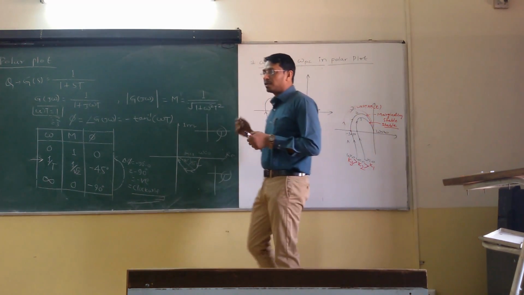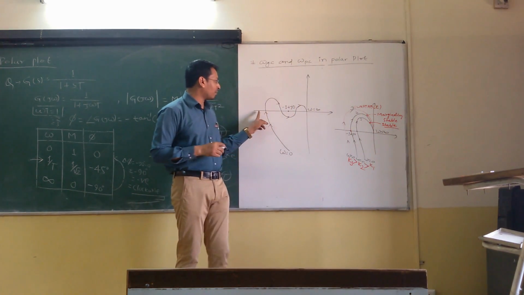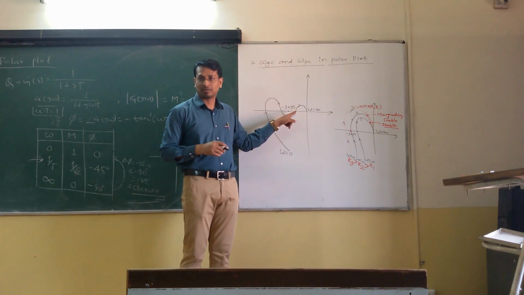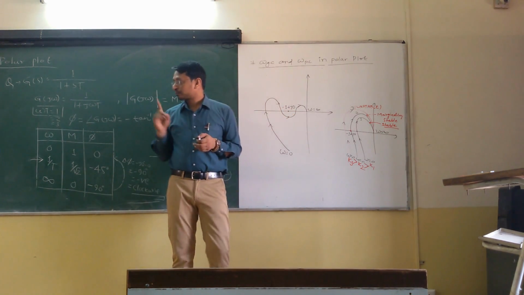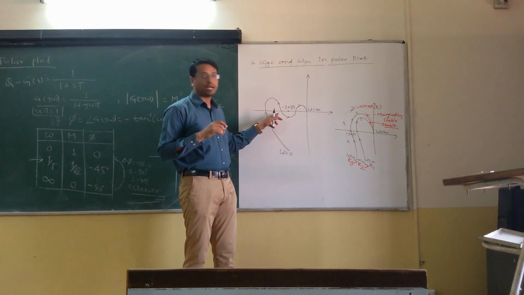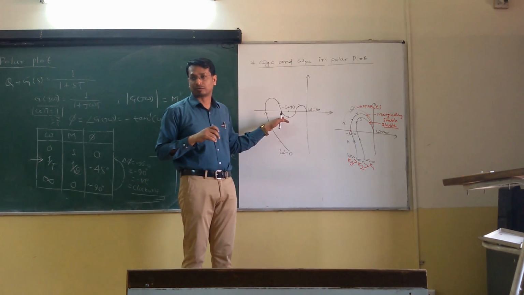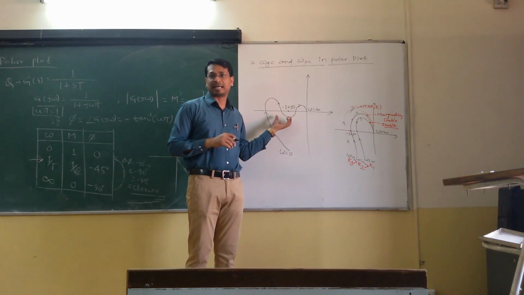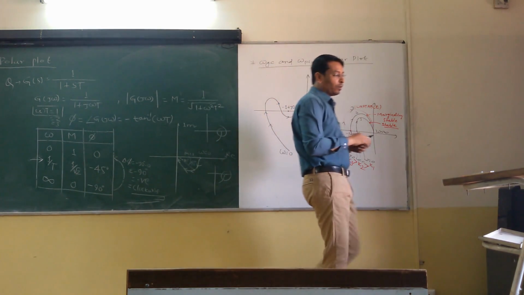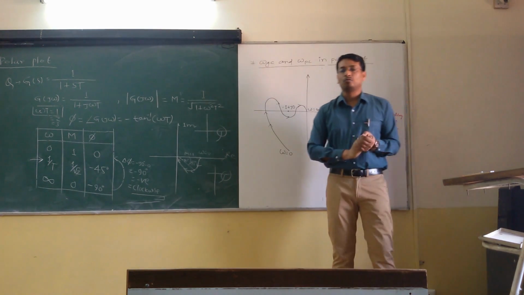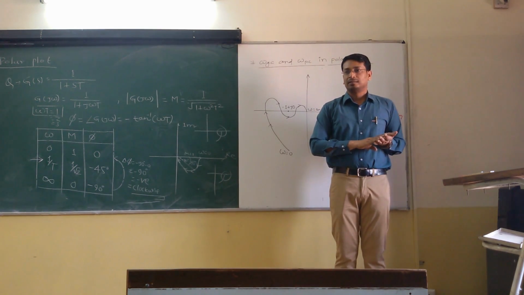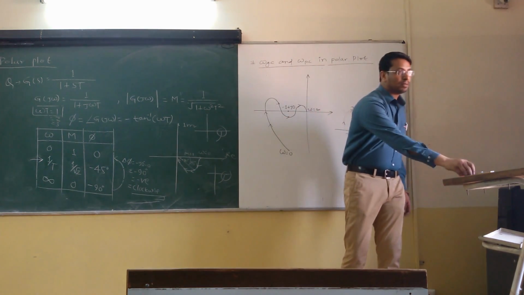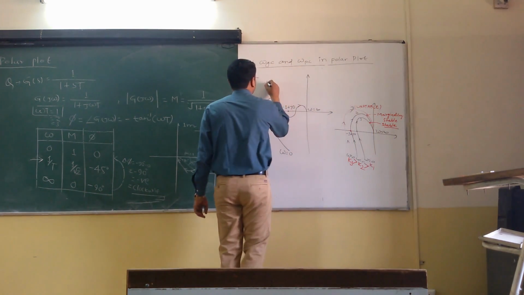Also this particular curve is going to cross the -180 degree line at 1, 2, 3 points, and you can have difficulty analyzing such a system. If such cases arise, your polar plot will fail to analyze the stability. Then the answer to this complexity is nothing but the Nyquist plot.